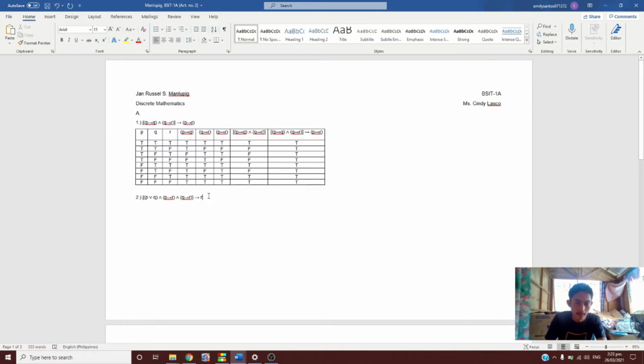I'm gonna build also eight or nine tables, since they have two brackets as well. Maybe I count this as also three statements. I'm gonna insert the tables.